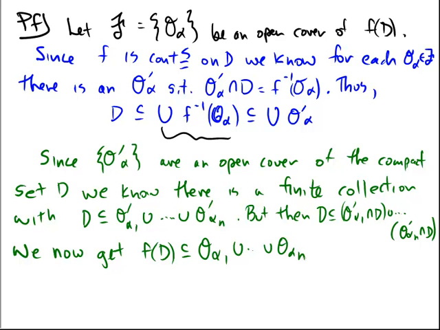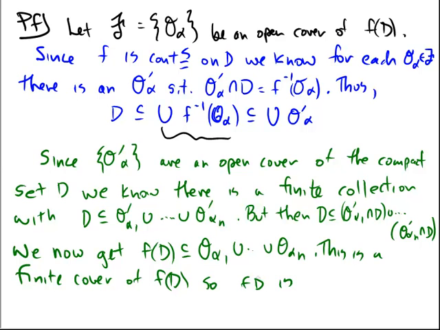So f of D is a subset of this finite number of the original O's. So this is a finite cover of f of D, so f of D is compact, just as needed.